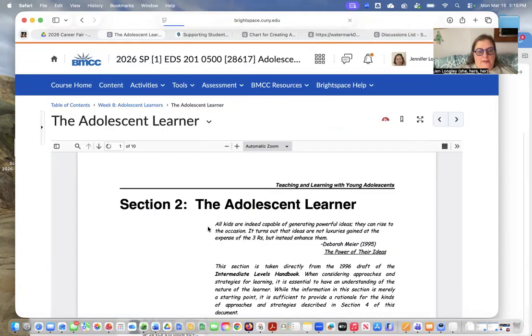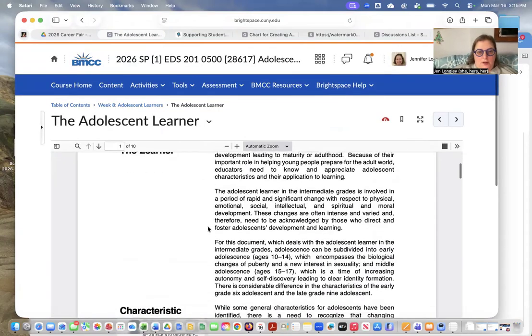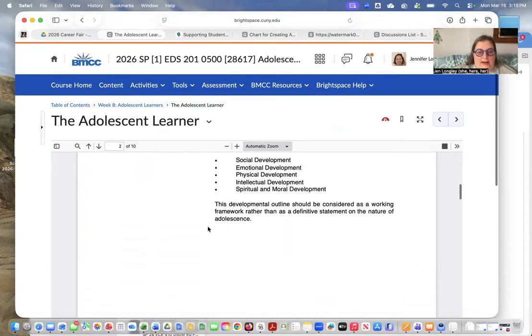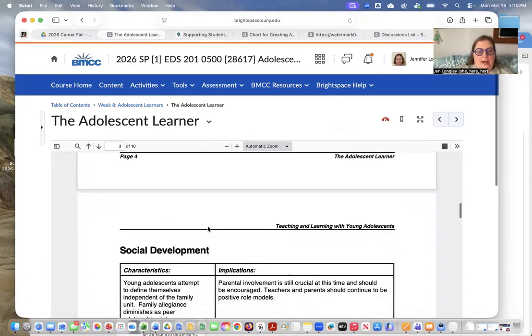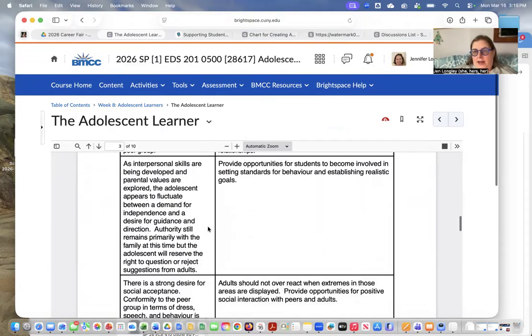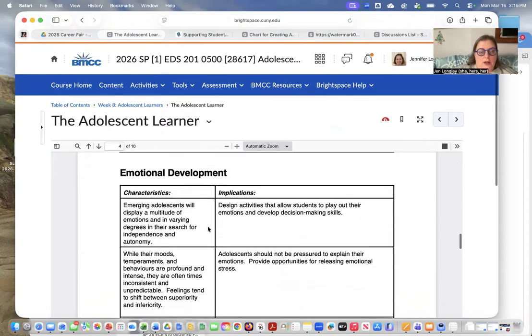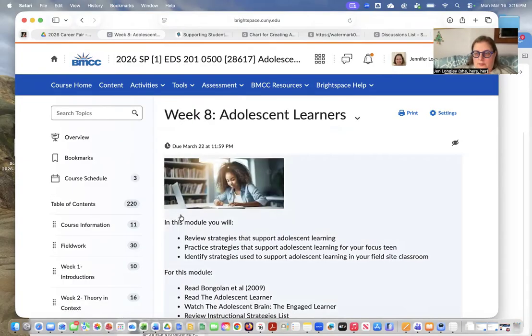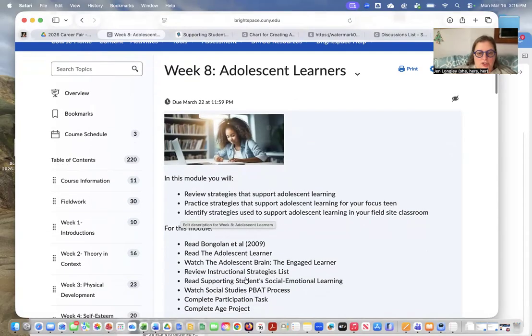And that's one reading. The second is also about who the adolescent learner is, the characteristics of adolescent learners, and then what we can do to support adolescent learners. Again, some context and then strategies.